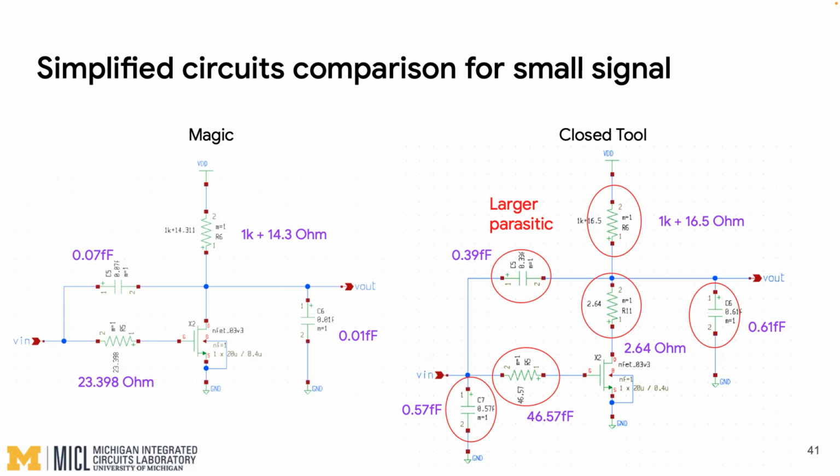So here is the result of these parasitic values. You can see the closed tool actually has a larger parasitic, for both R and C.